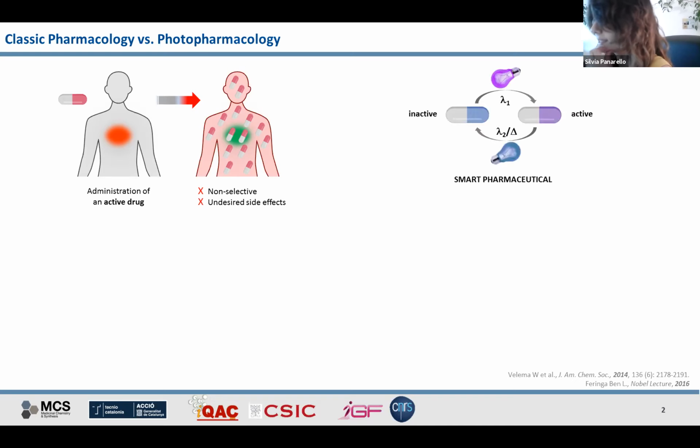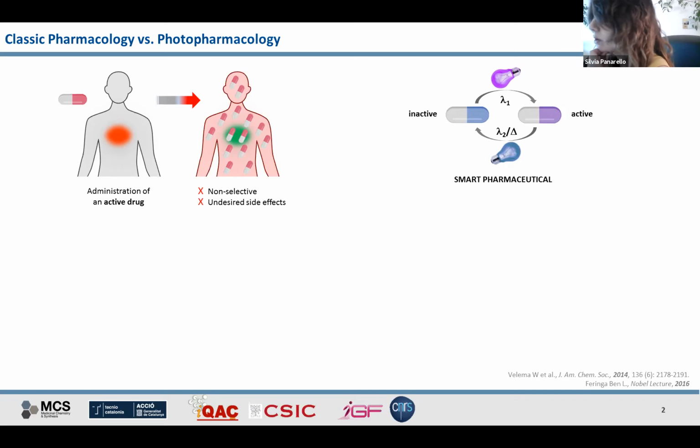What happens instead if we are in the presence of what is called a smart pharmaceutical? We have a drug which exists in two forms, the inactive one in the graph depicted in blue and the active one in purple. The irradiation with light of suitable wavelengths allows us to change the drug activity, and in most cases in a reversible way.